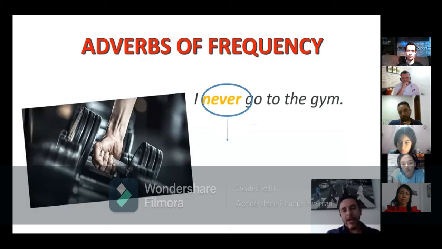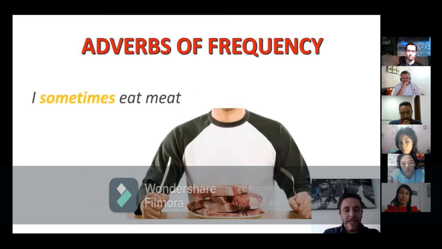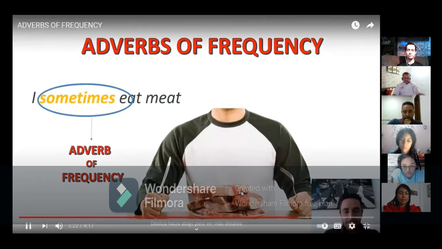So in this case, we have the adverb of frequency before the verb. So let's continue with another example. I sometimes eat meat. So we have here sometimes that it is the adverb of frequency and also is between the subject and the verb.